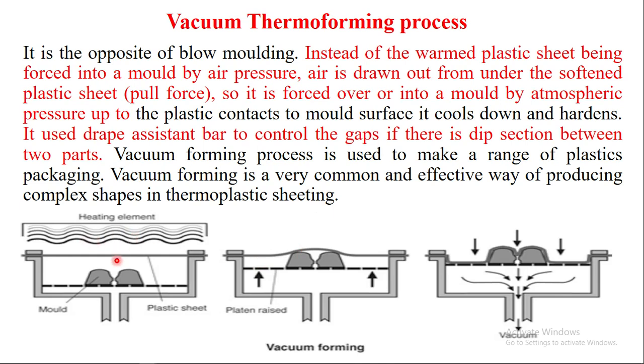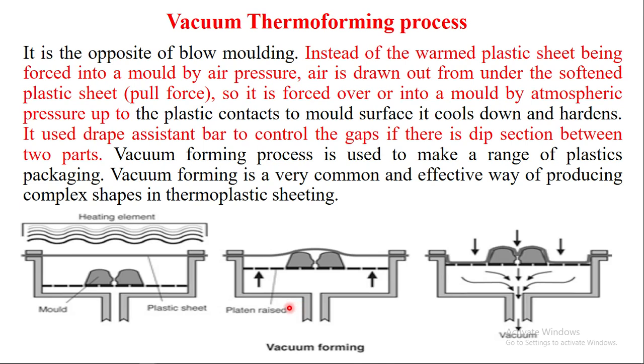This one is a plastic sheet. Those are molds, the shapes of the products as you went. Those molds are put on some material supporters. So the plastic sheets are heated. Heat is applied on it. Then the plastic sheets are pulled down on the molds.